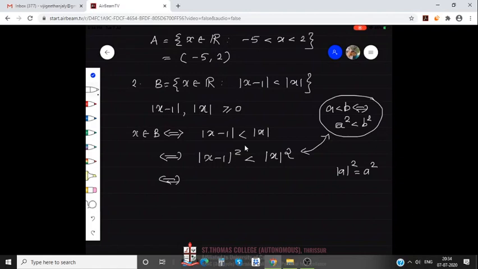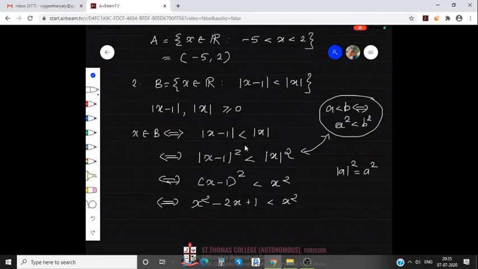I will use this here so that I have x minus 1 the whole square is less than x square. What is x minus 1 the whole square? x square minus 2x plus 1. This is less than x square.